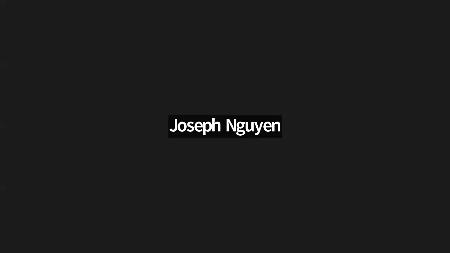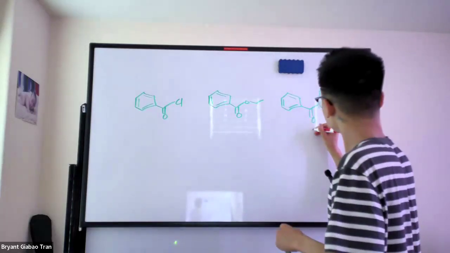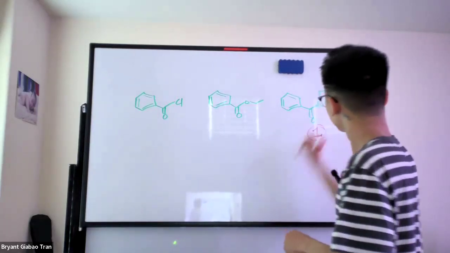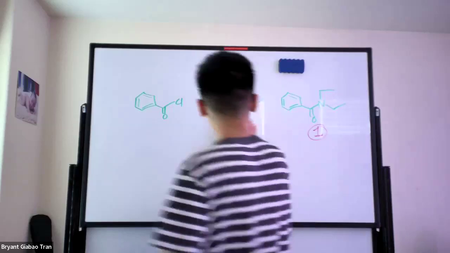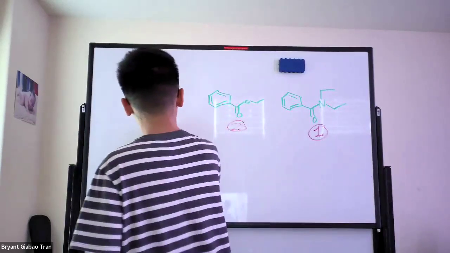Most basic is the amide. Yes, that's going to be number 1. And then it's the ester and then acid chloride. Yeah. Right.